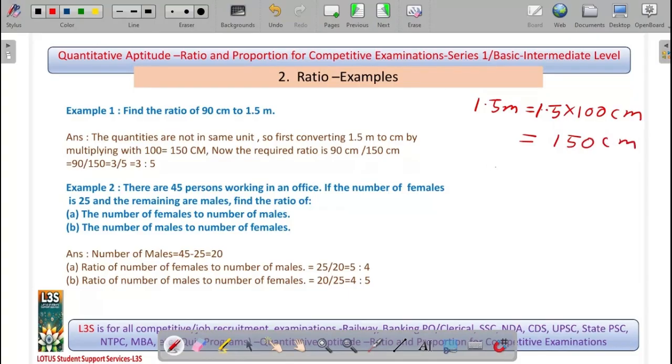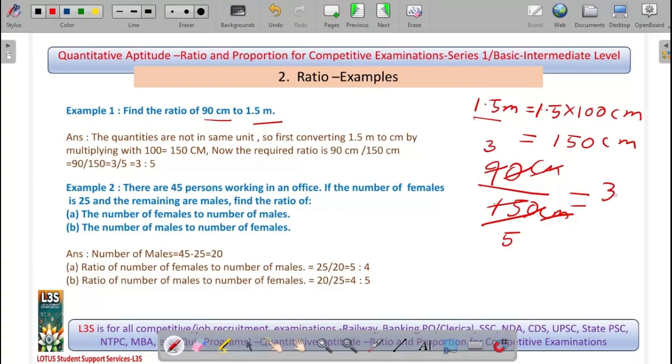And the ratio will be 90 centimeter, as they have given, by 1.5 meter. Instead of 1.5 meter, we'll write 150 centimeter. So the units are the same and centimeter will be cancelled. 0, 0 cancelled. 3, then it will be 5. So the ratio will be 3:5.